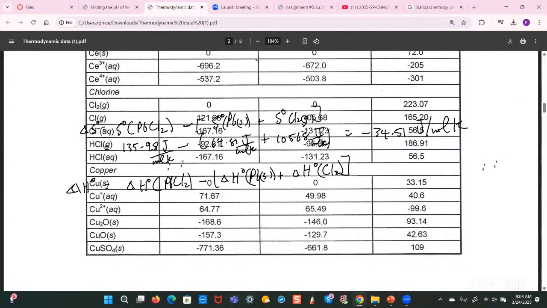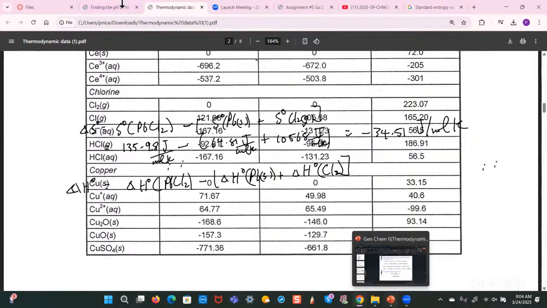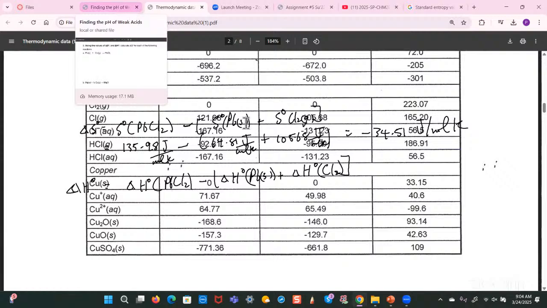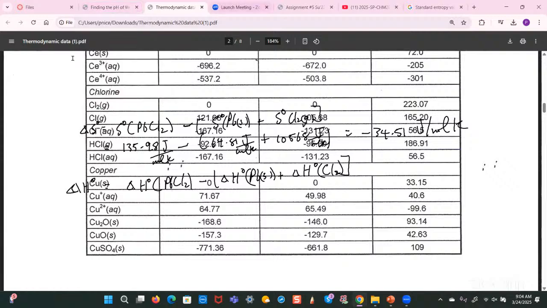Oh, okay, you're right. So let me correct that. Hold on, let me take out my eraser.